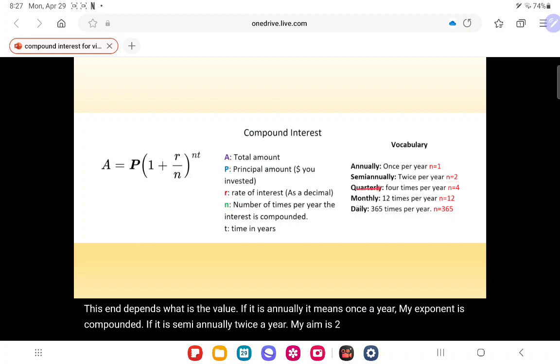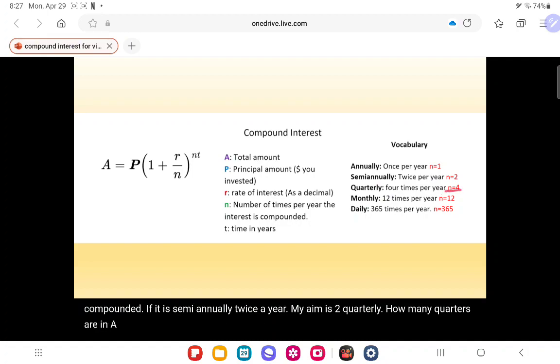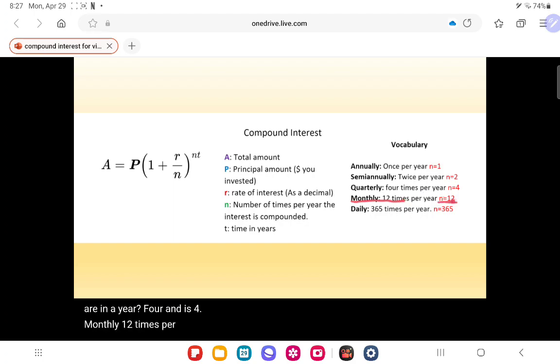Quarterly, how many quarters are in a year? 4. N is 4. Monthly, 12 times per year. N is 12. Daily, 365 days in a year. It means my n is 365.